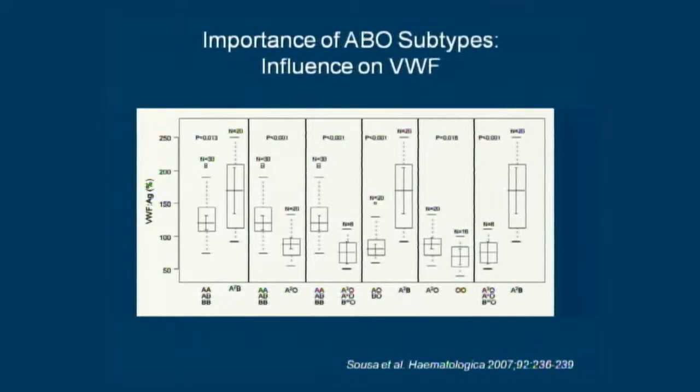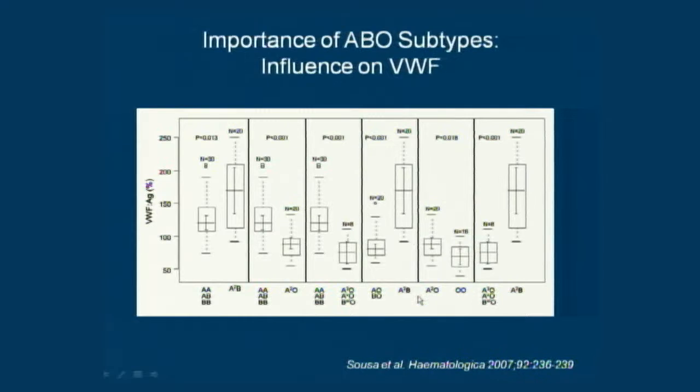And this is important for von Willebrand factor as well. This is a study from 2007, which included A2, A3, AX. And you can see, let me find a good example here, that when you have an A across from an O, there's a dose: A2, O is similar to O, whereas A1O, which I'm looking for, here it is, is higher than O. And we have seen this in our studies as well.